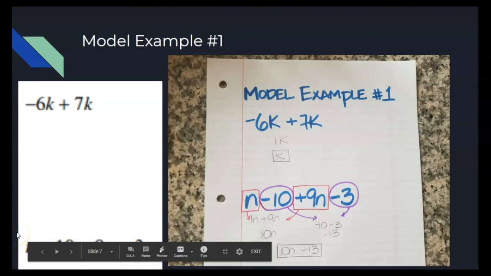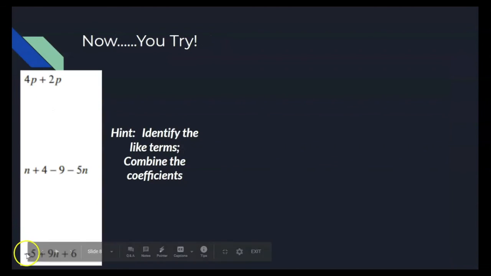Let's look at a couple problems for you to try on your own. Remember to identify your like terms first, and then you're going to combine the coefficients.